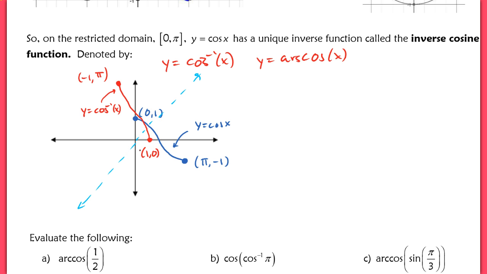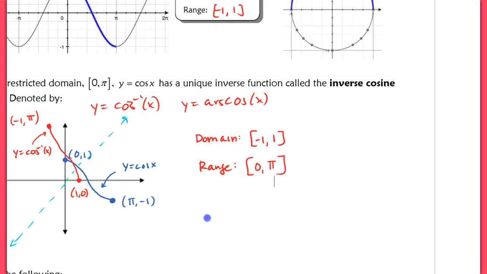Okay, so let's talk about the domain and the range now of your inverse cosine graph. So the domain here is from negative 1 to 1. So again, it just switches. And our range is from 0 to pi. All right, wonderful. Now we're going to use that idea again.